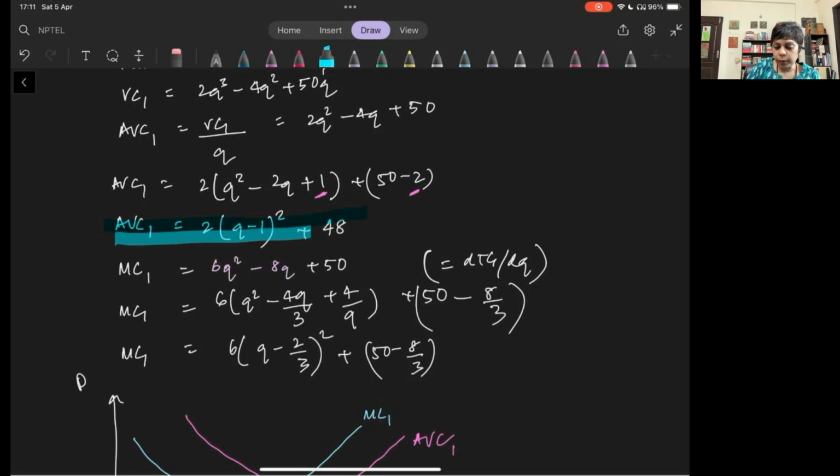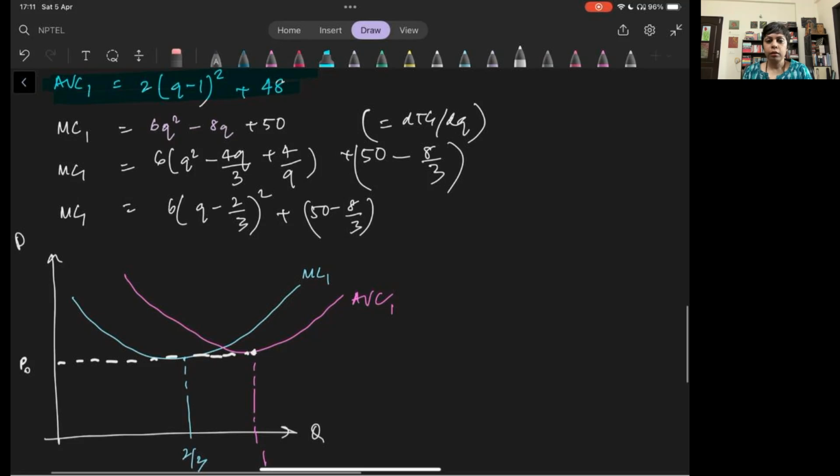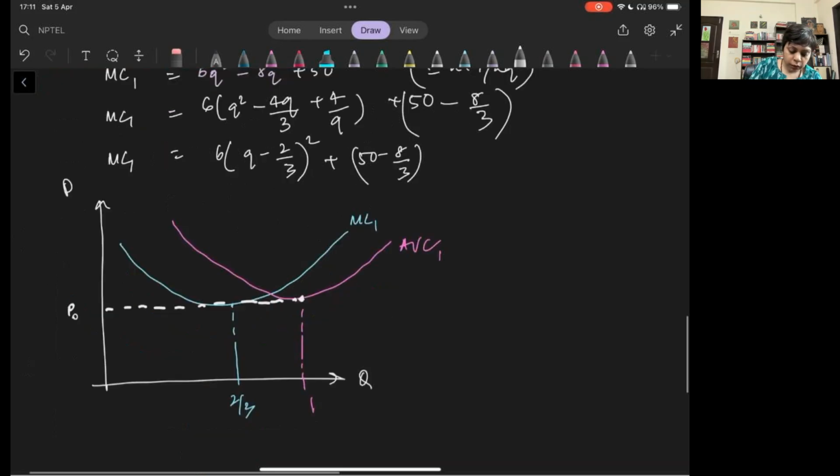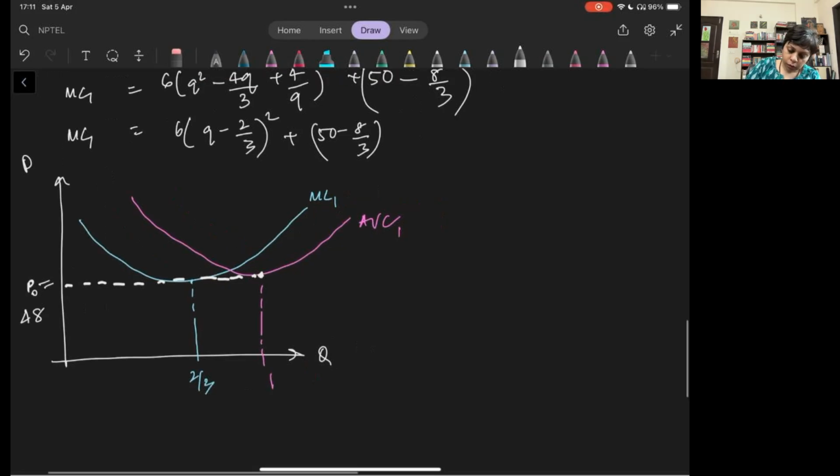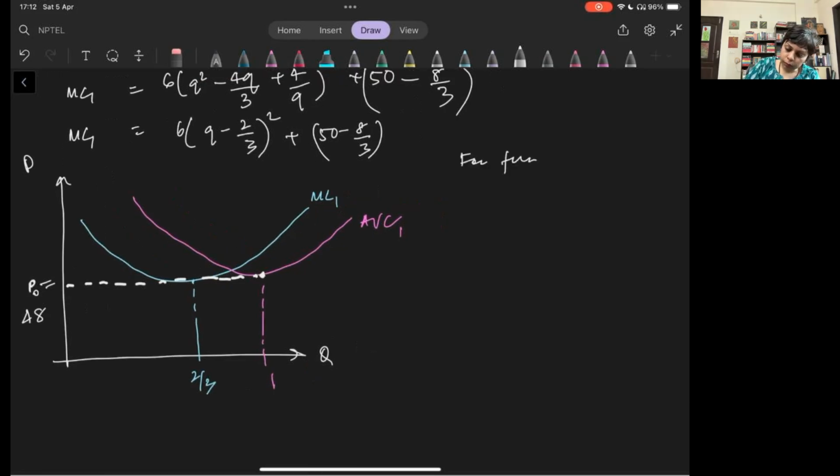Now in this expression, if you put Q equal to 1, average variable cost comes out to be 48, right? So this value is 48, which means that for firm 1 to operate, P must be greater than P naught, which is equal to 48.